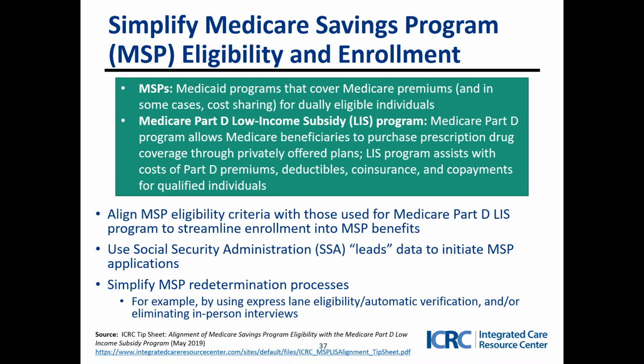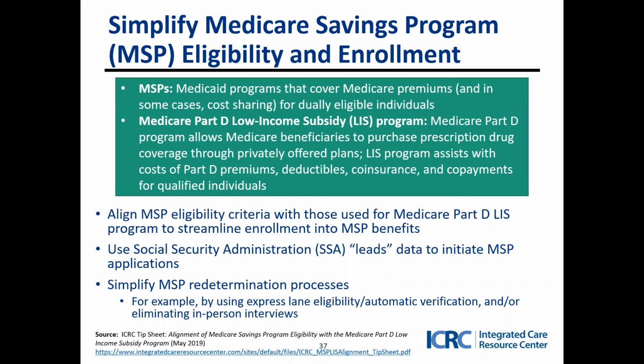This data can be used at the state level to facilitate enrollment into MSP benefits in a few different ways. First, states can use it to automate MSP enrollment for eligible beneficiaries. Second, the SSA leads data can also be used to identify individuals whose MSP eligibility should be reviewed. Then the state can use state data to verify that eligibility.